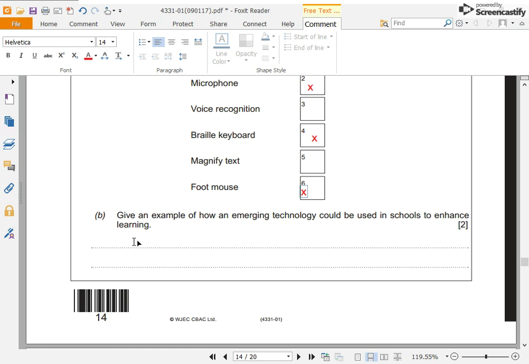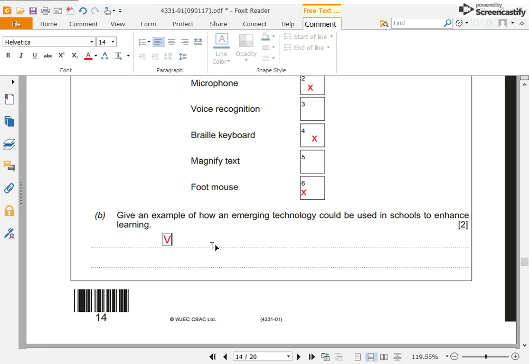Okay? Give an example of how an emerging technology could be used in school to enhance learning. So this is new things coming into school that are kind of on the cusp of happening. So not too crazy, but on the cusp of happening. So have a little think of an example. There's so many things you could write. Okay.